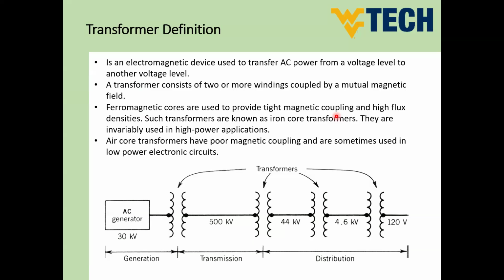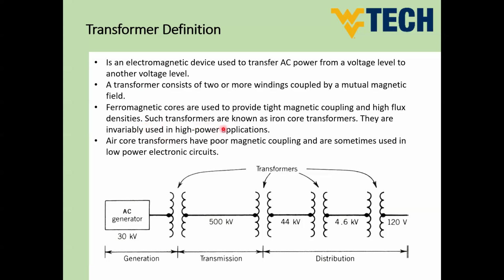So in this case, the coupling coefficient will be high, and it provides tight magnetic coupling and high flux densities. So it can produce high flux densities. Guys, we used to have flux densities up to 1.2 to 1.4 Tesla for our electromagnetic devices.